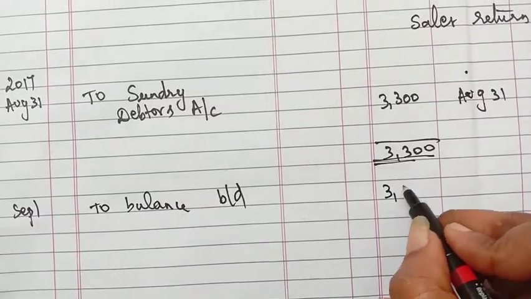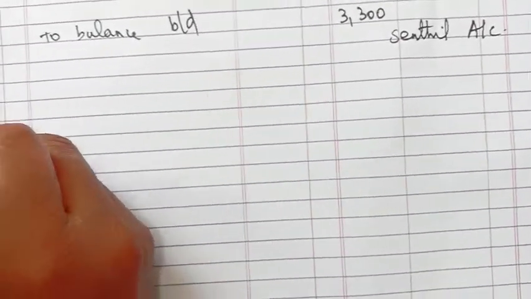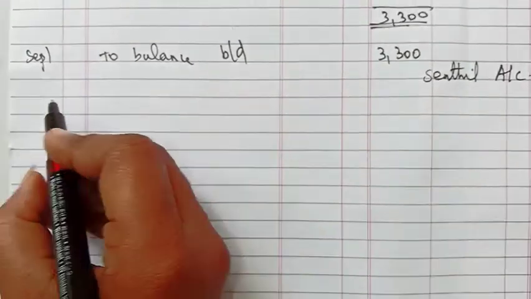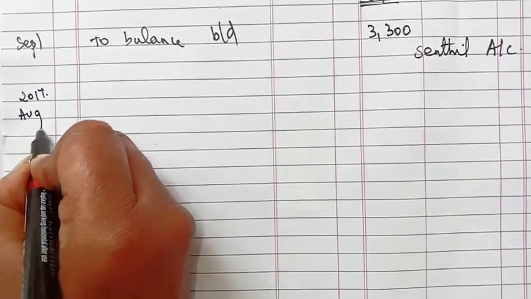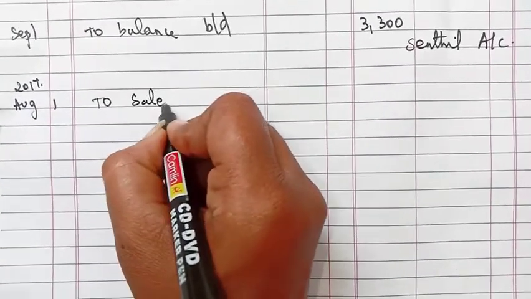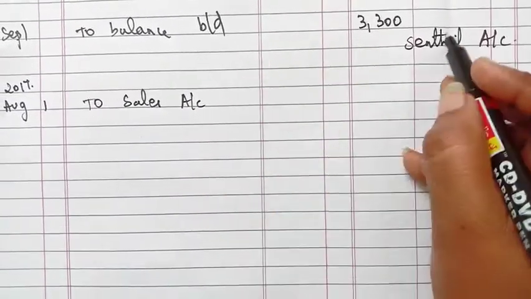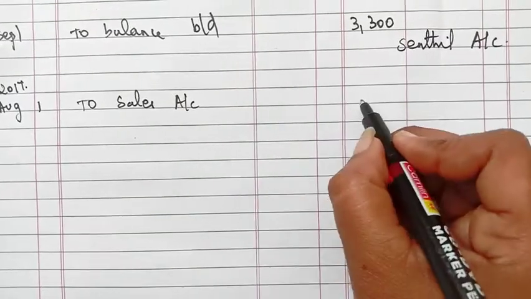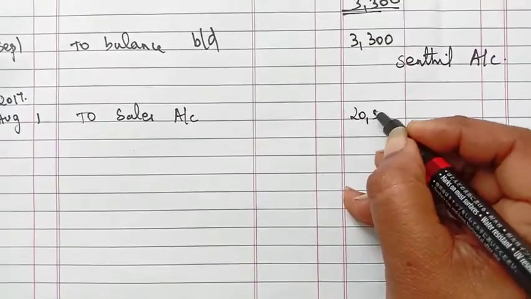Amount is 3,300. So we'll start with the Senthil account. Come to the debit side. We'll write 2017 August 1, to sales account, because Senthil will come in the debit side and sales will come in the credit. We are writing the Senthil account, so we'll start with the debit side, and the amount is 20,500.